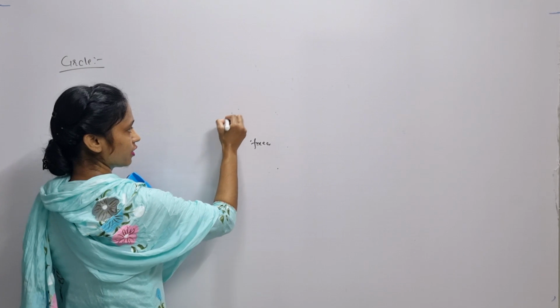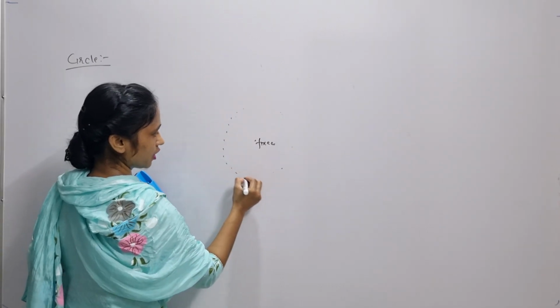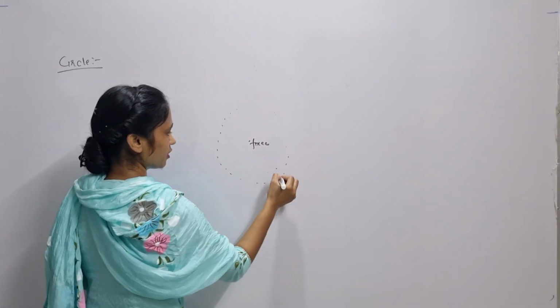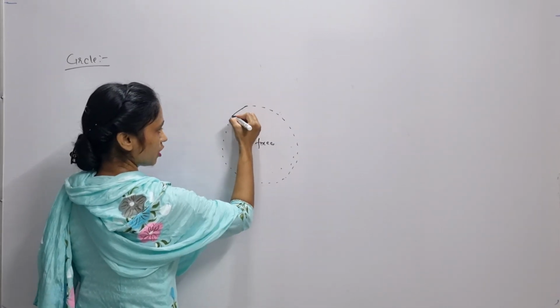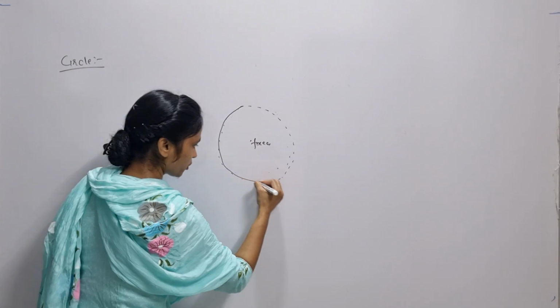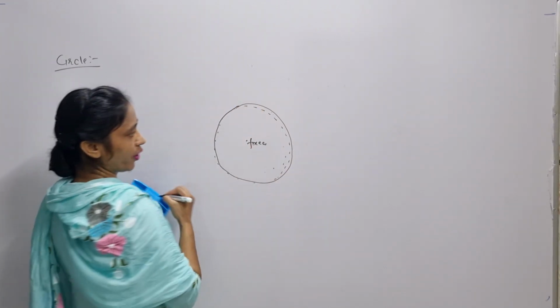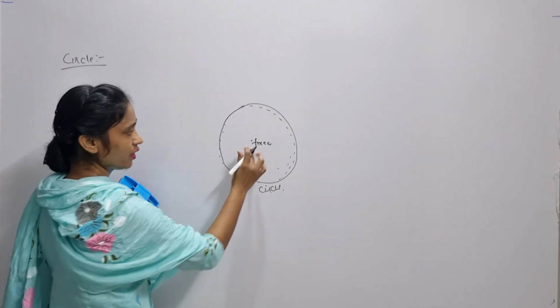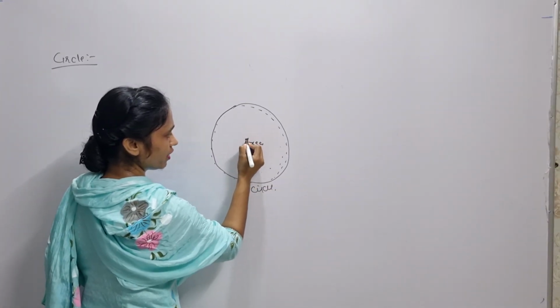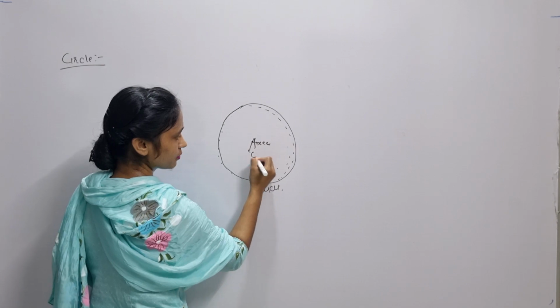Suppose this point is moving in a plane such that its distance from this fixed point is the same. So the closed curve obtained by joining all these points is said to be a circle. Okay, this fixed point is said to be the center of the circle.